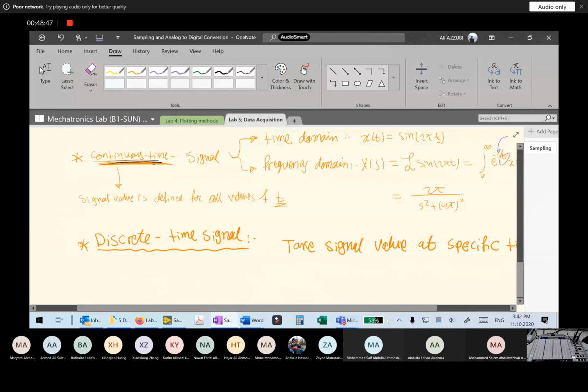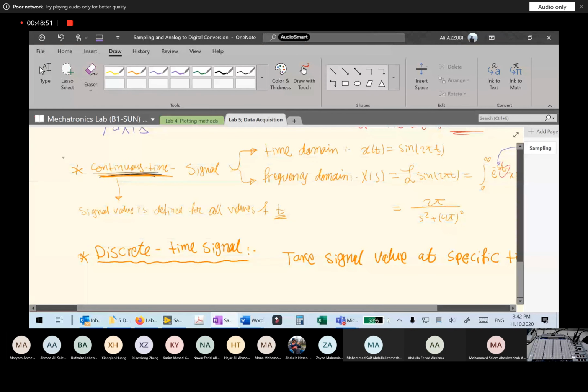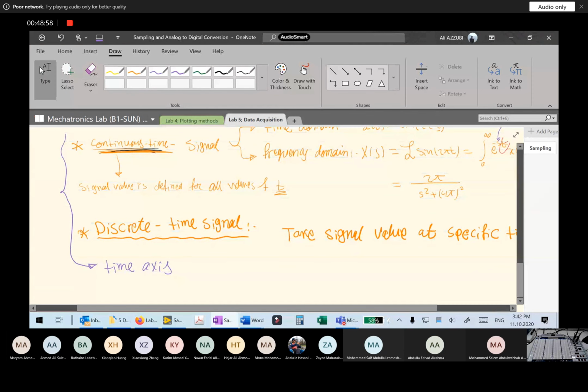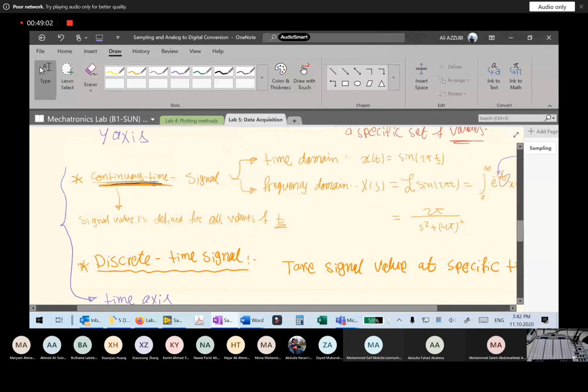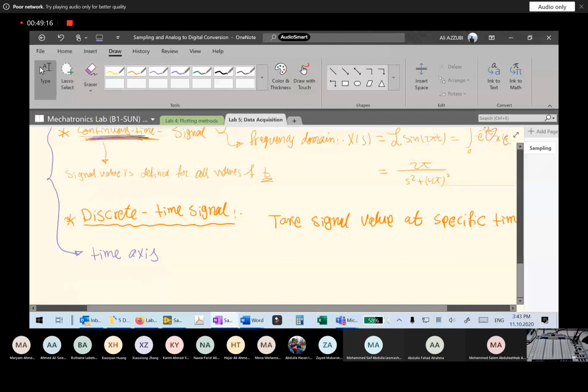Now when you take the x-axis, the time axis, is your time continuous or discrete? Now continuous time, for any value of time, my signal is defined. So here, give me any t, I'll give you x of that t. Now if my time is discrete, my x will be like this.